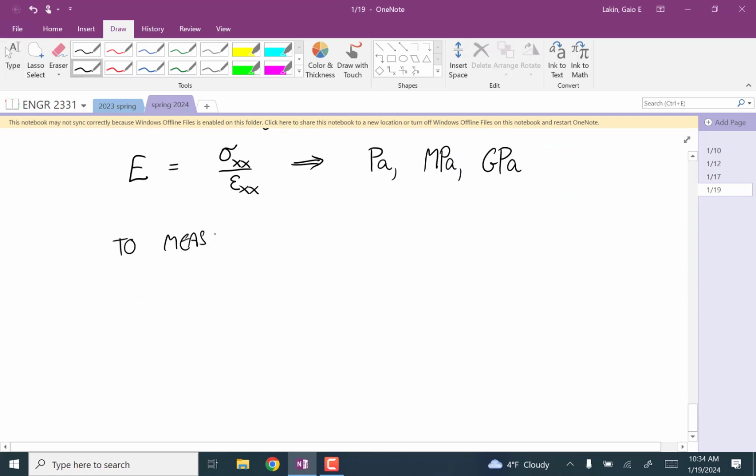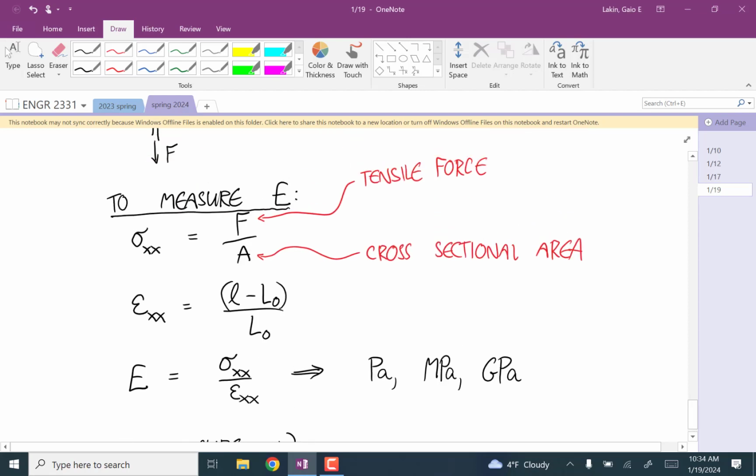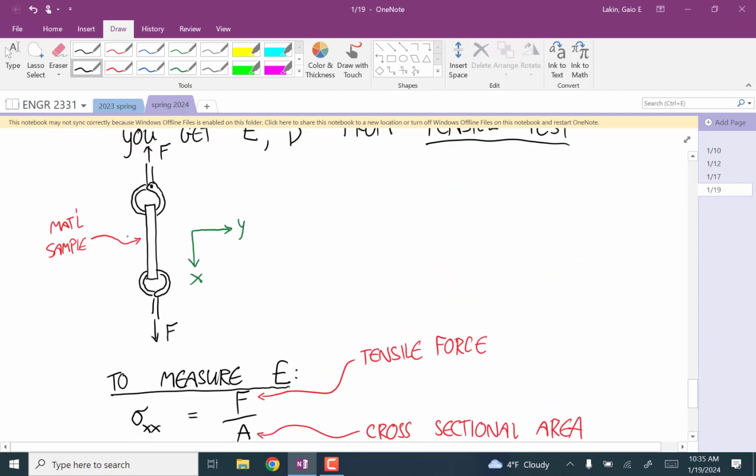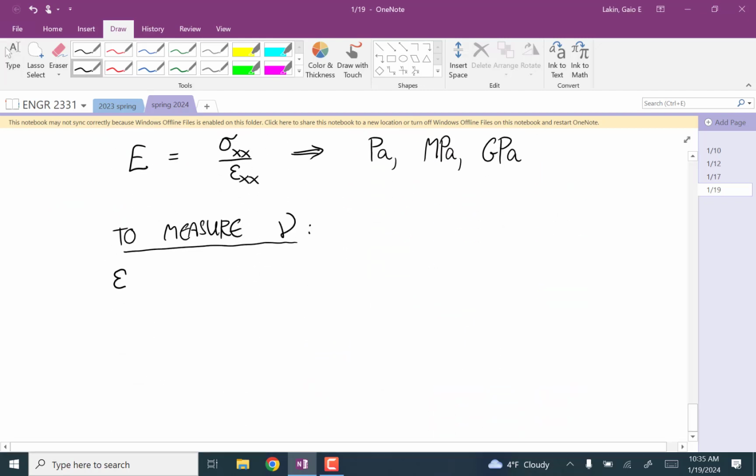Then to measure the Poisson's ratio, you need a third measurement. You need to measure the strain in one of those two off-axis directions, so either a Y strain or a Z strain. I'll call it Y. This is equal to the deformed length minus the starting length in that direction, divided by L sub 0.